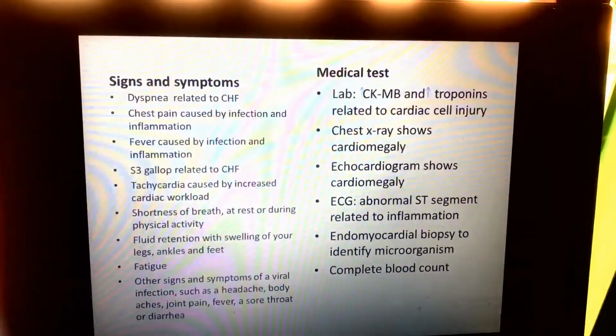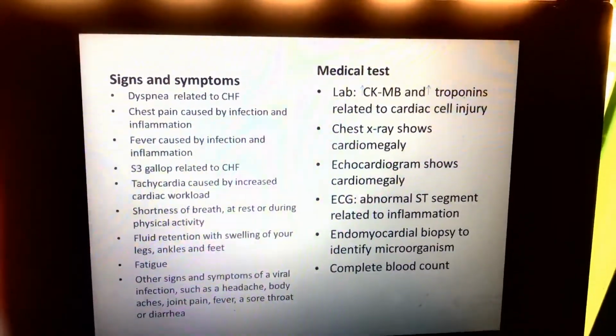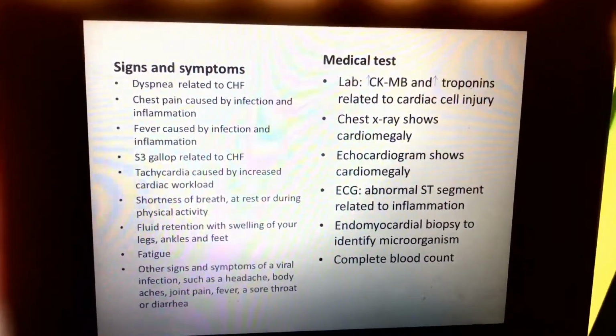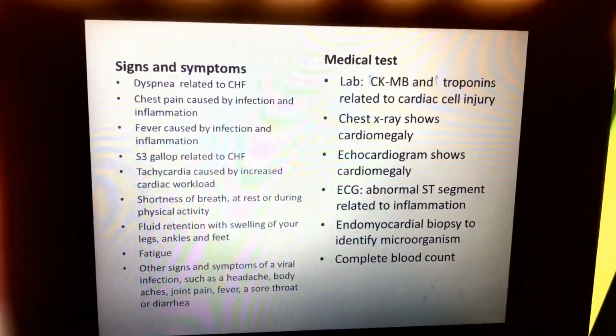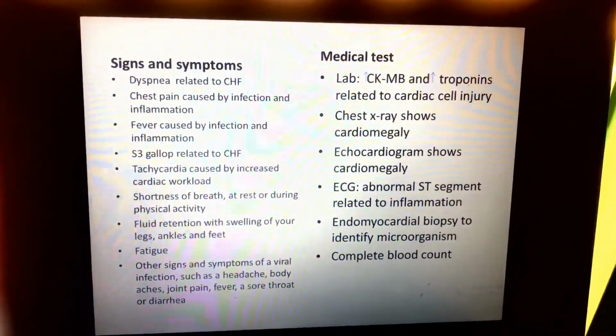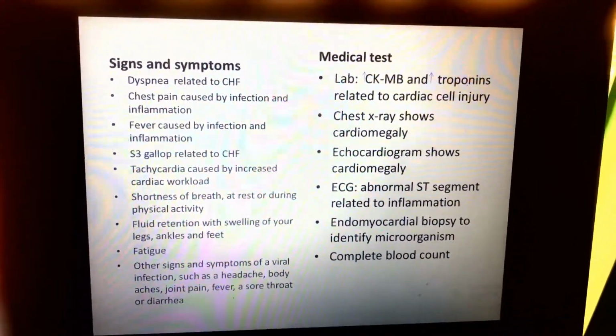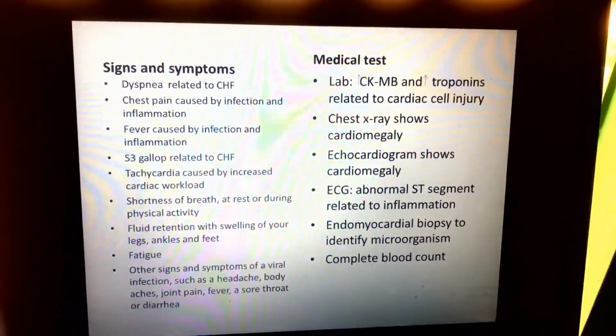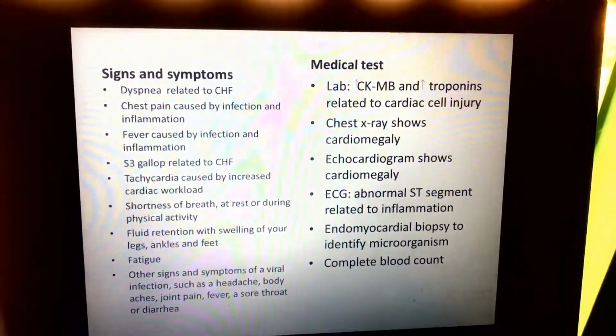So the blood will not reach the lungs sufficiently, and for that reason the oxygen will be low in the blood, so the client can have dyspnea. Dyspnea is forced, difficult breathing.